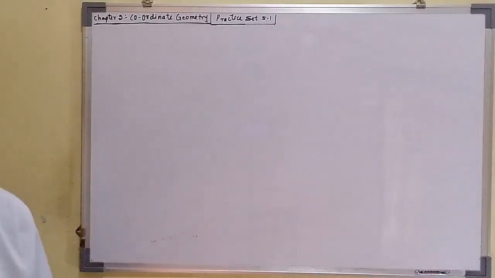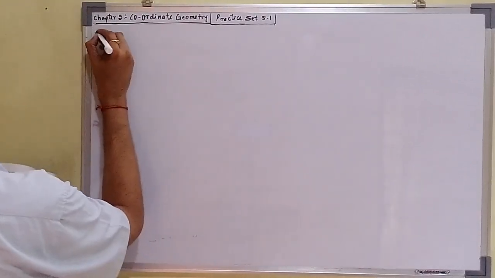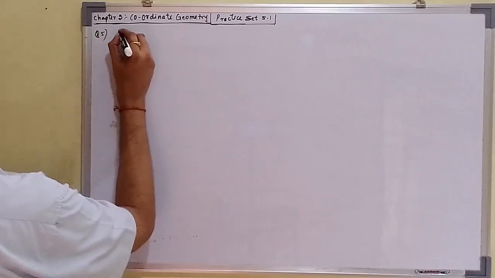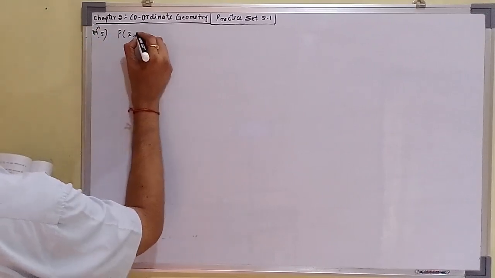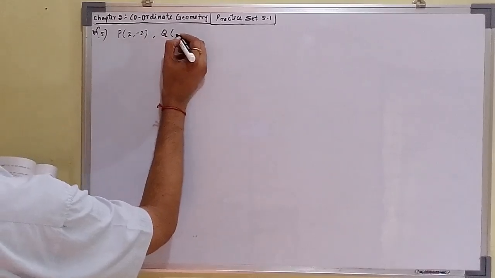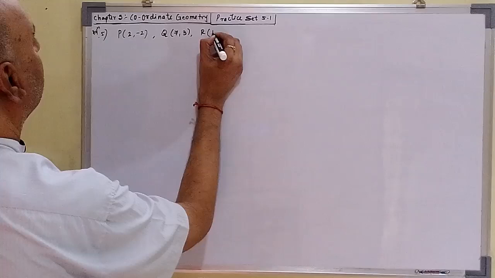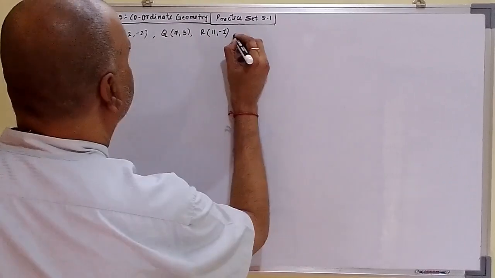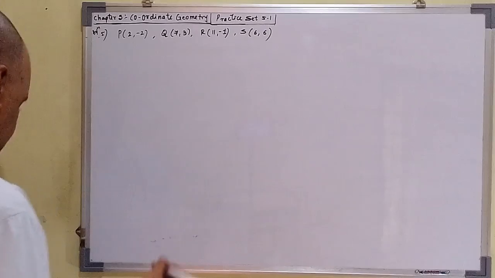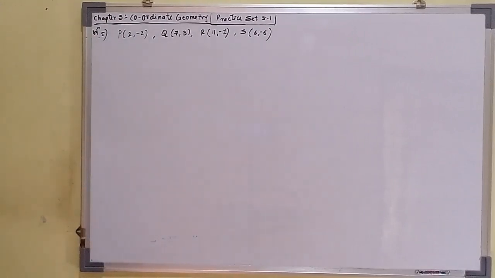See, in question number 5, they say show that points P (2, -2), Q (7, 3), R (11, -1) and S (6, -6) are the vertices of a parallelogram. We have to show that they are the vertices of a parallelogram.